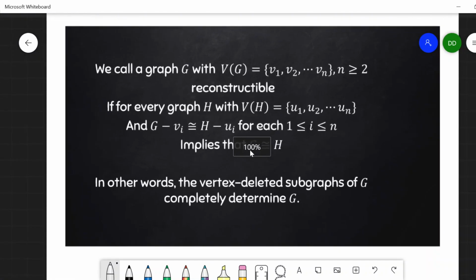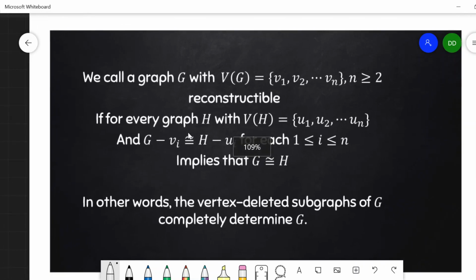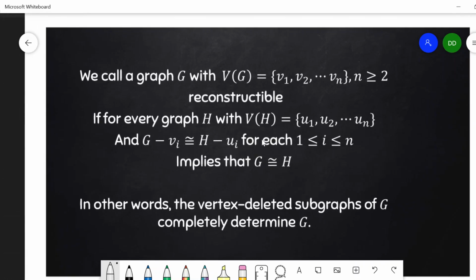When you have a question like this, usually you give a name to the thing you're looking at. We call a graph G, if its vertex-deleted subgraphs completely determine it, reconstructible.